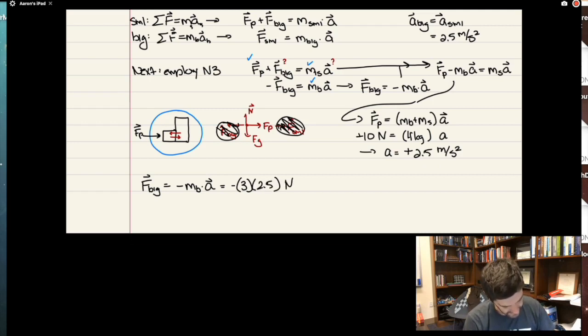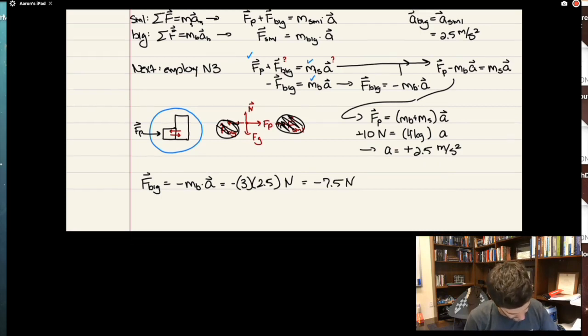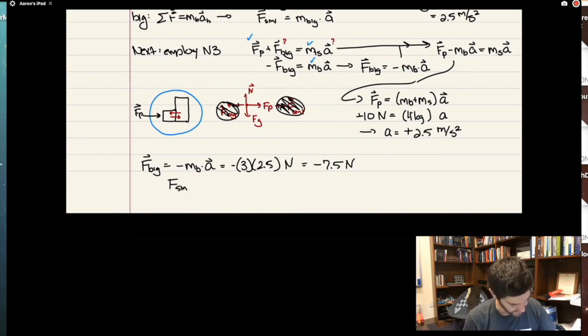So this is negative 7.5 newtons. F small, therefore, is plus 7.5 newtons by Newton's third law. The small block is pushing on the big block with 7.5 newtons of force.